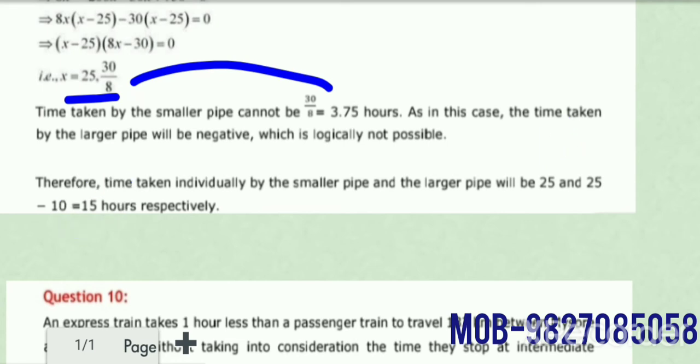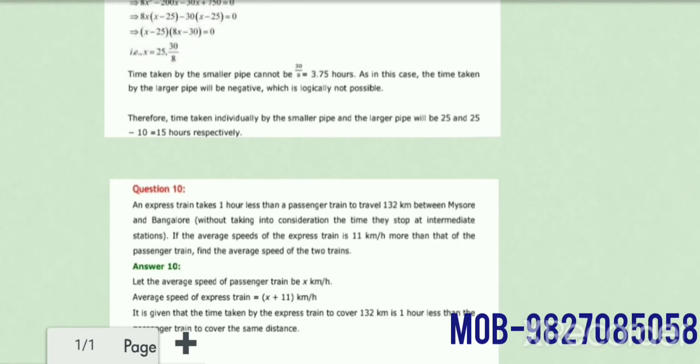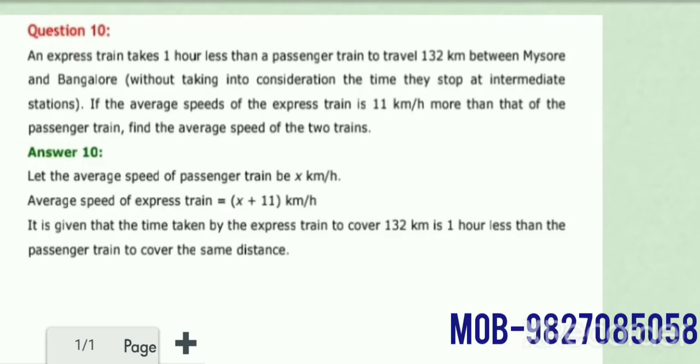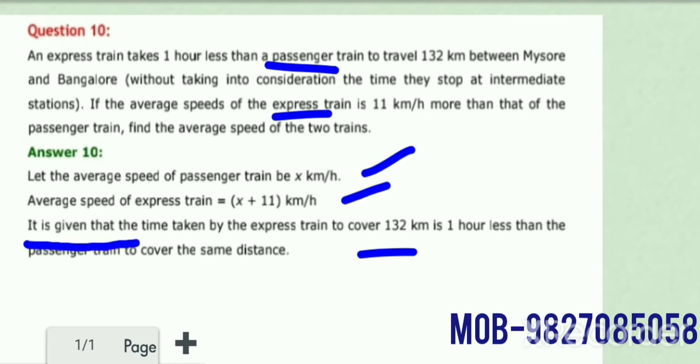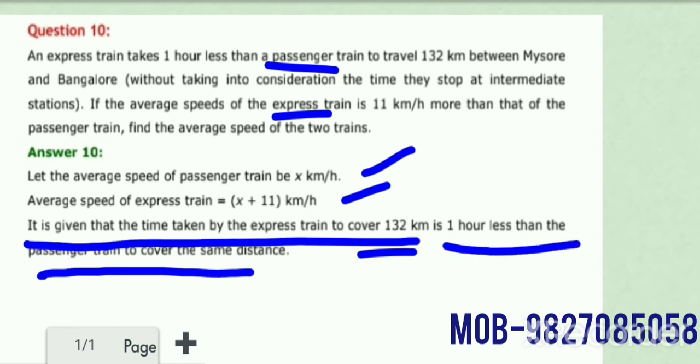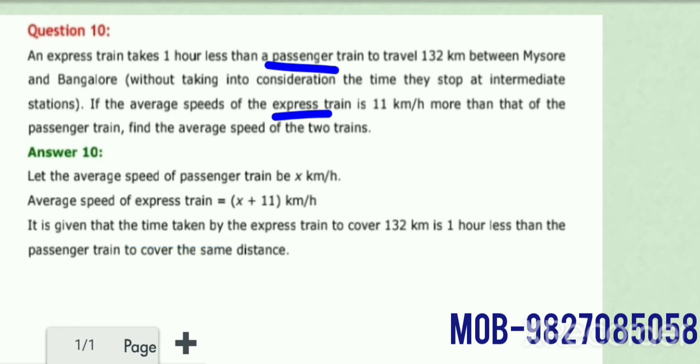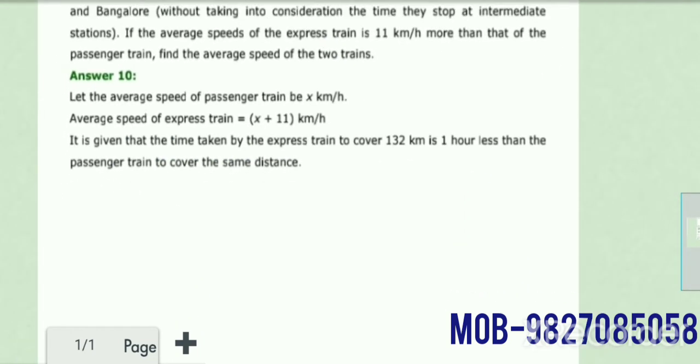Okay. Now question number 10, the average speed of a train. Here there are two trains, one passenger train and one express train. Suppose the average speed of the passenger train is x and the express train is 11 more, and the total distance they cover is 132. According to the question, the time taken by the express train for 132 km is 1 hour less than the passenger train. Meaning the express train takes 1 hour less compared to the passenger train.